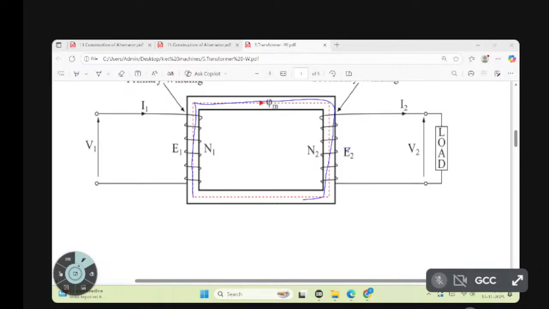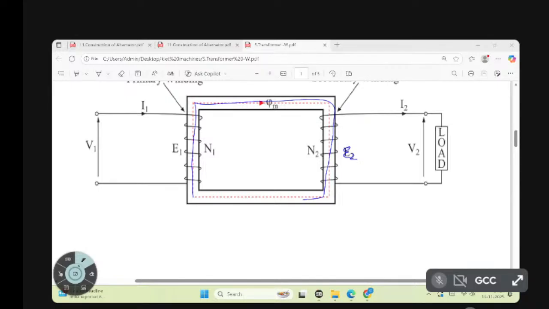So E2 is established. The establishment of the secondary induced EMF is because of the primary induced EMF. The flux comes from E1. So E2 is induced not directly but because of mutual induction. That's why the principle's name is Faraday's laws of mutual induction.